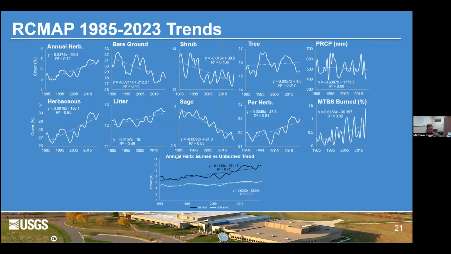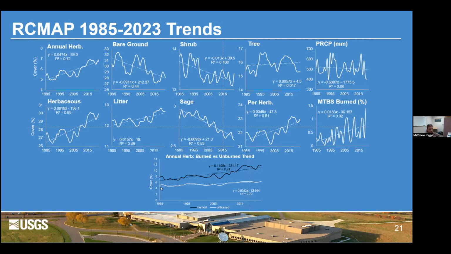well. And one thing I want to highlight here on the bottom, I'm plotting the trends in annual herbaceous in both burned and unburned areas. That's been a topic in the literature recently. So there's this concept that cheatgrass needs fire to expand, which has been challenged recently in the literature.